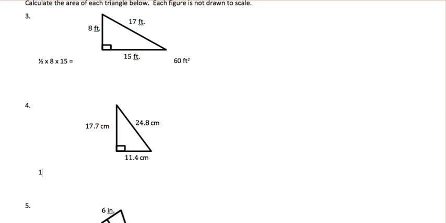Formula is still the same. 1/2 times our base, which is 11 and 4/10, times our height, which is 17 and 7/10. And that is 189 hundredths square centimeters.